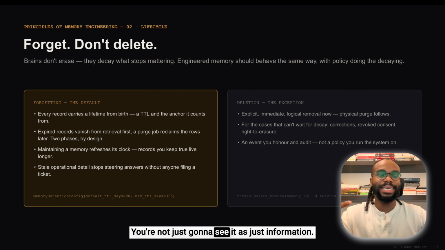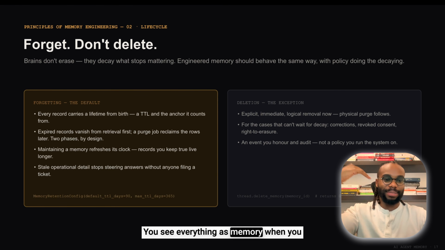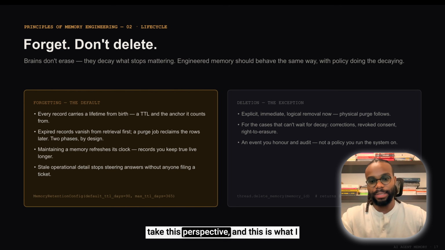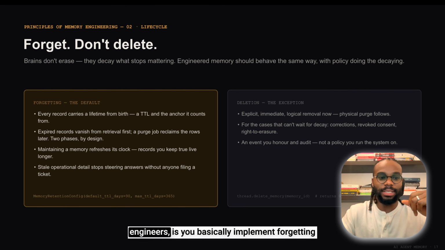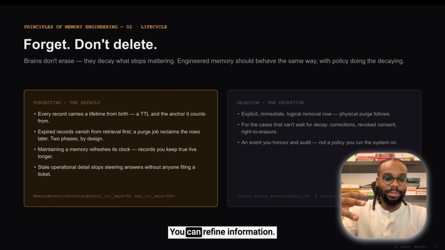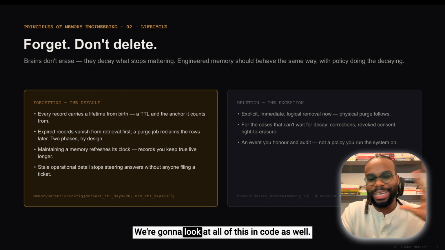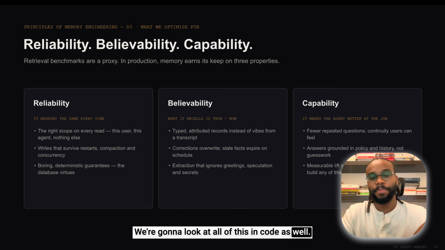You're not just going to see it as information. You see everything as memory when you take this perspective. And this is what I always tell people who want to be memory engineers: you basically implement forgetting mechanisms and try not to delete information. You can refine information. We're going to look at all of this in code as well.